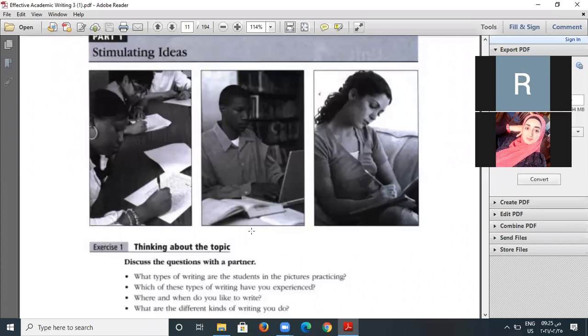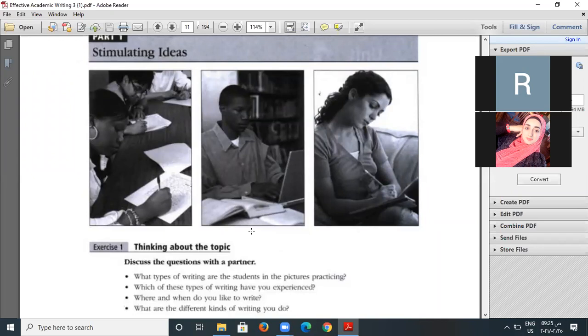Number 1, maybe he is answering exam questions or writing an essay. Number 2, he is looking for information on the internet about a topic he chose. Number 3, she is writing notes in her diary.